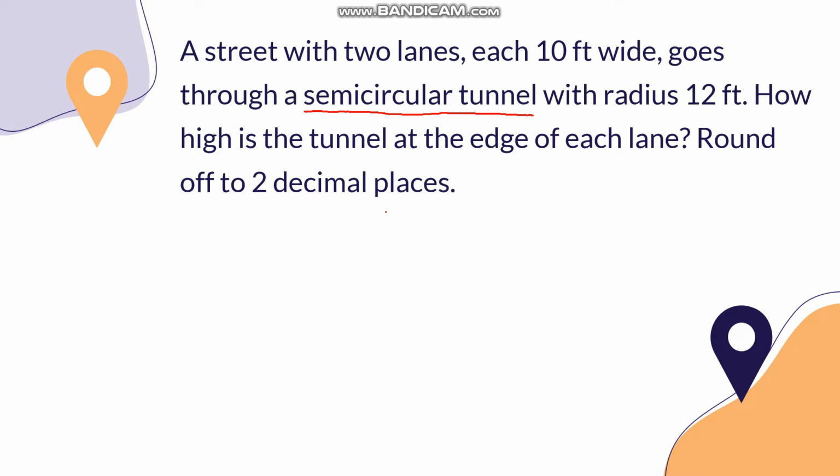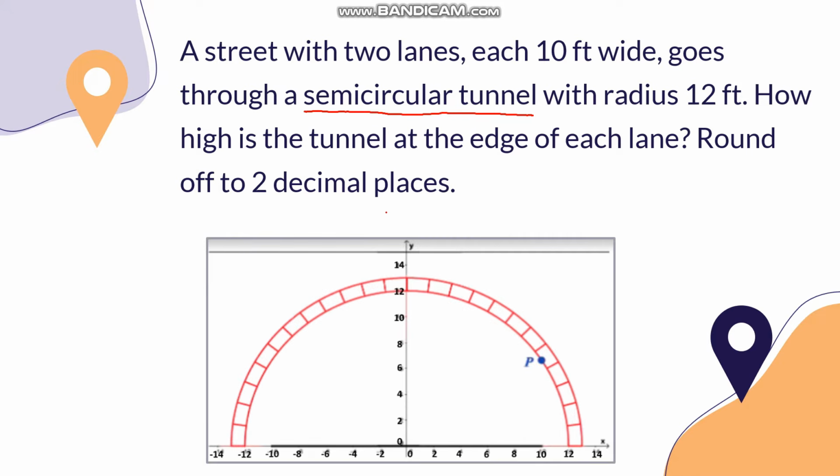After you identify the type of conic section, you have to illustrate. When you are illustrating, it's helpful to put it in a Cartesian plane or coordinate plane, so that we can identify some things we can use in order to solve. Again, we have a semicircular tunnel, and let's put it in a Cartesian plane. This red curve here is our tunnel, and as you can see, it's semicircular.